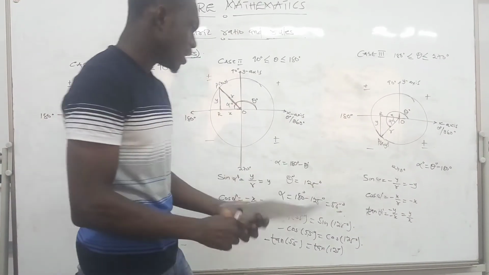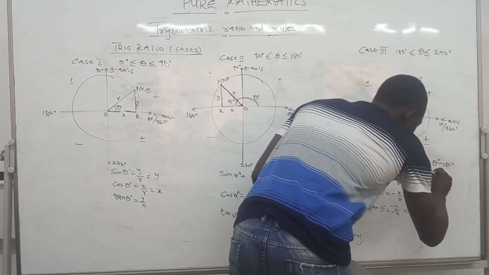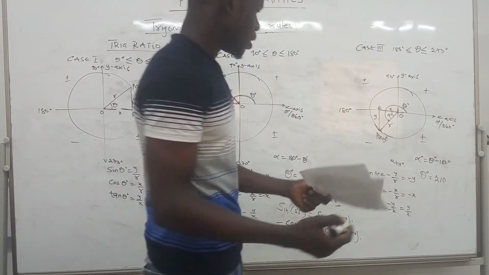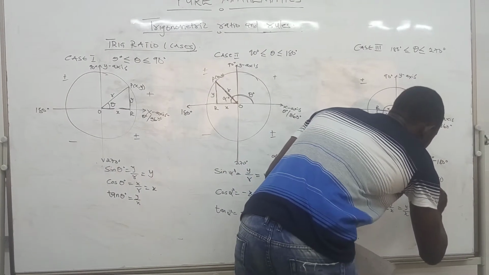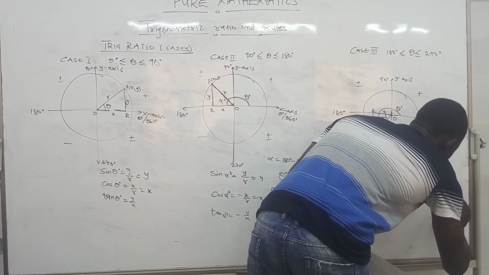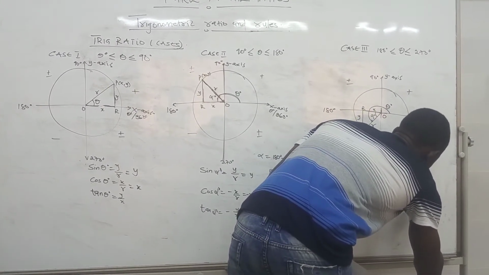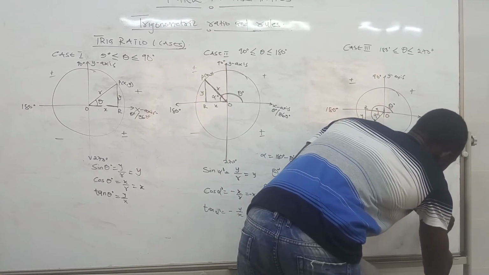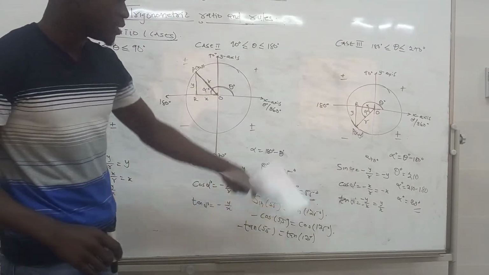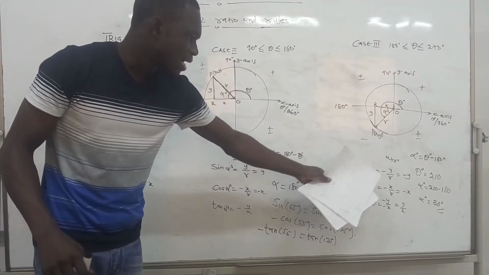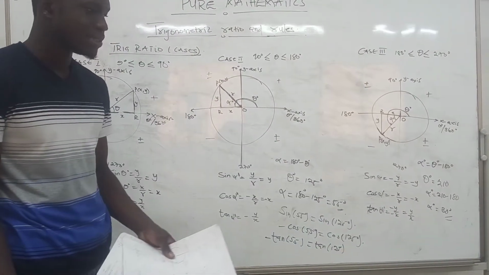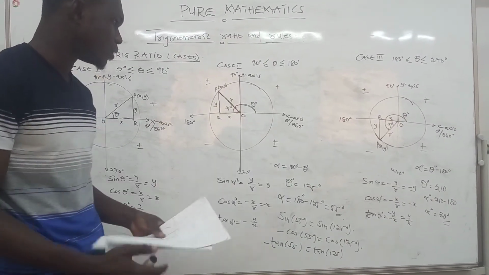So if we are given an angle theta to be, say, 210, alpha degrees is equal to 210 minus 180, which is basically alpha equal to 30 degrees. Just 30 degrees. So you can go through the same procedure as I did over here, adding the appropriate sign as it has been stated over there, and you get the same answer for all of them.